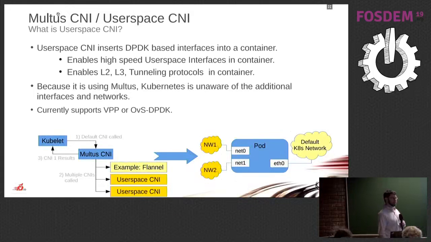What this allows is high-speed user interfaces, and it also allows additional layer 2, layer 3, and other tunneling protocols to be pushed up into the container instead of limiting the container to just IP traffic. It is leveraging Multus, and so because it is doing that, Kubernetes is unaware of the additional interfaces and networks that are being added to the container.